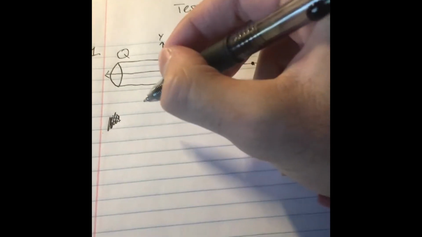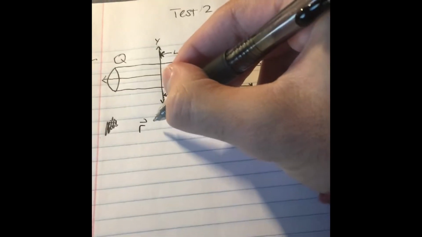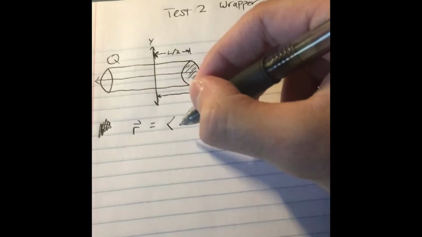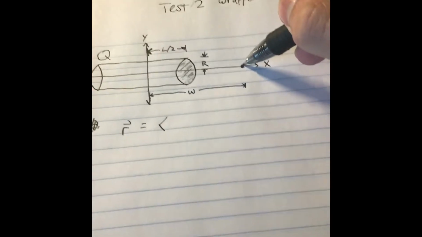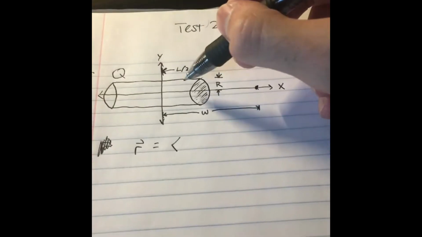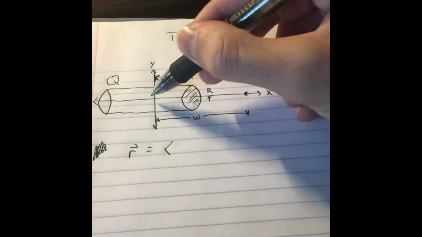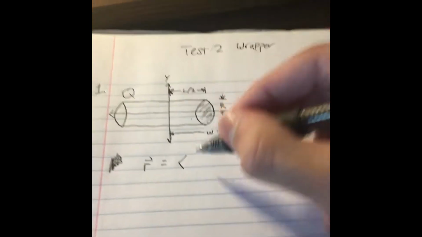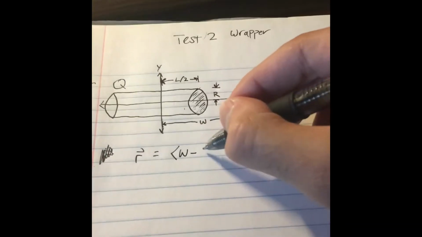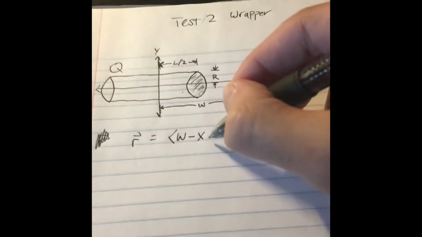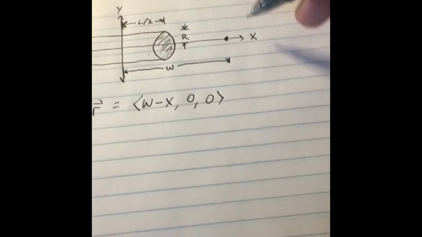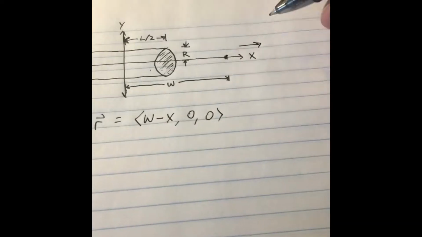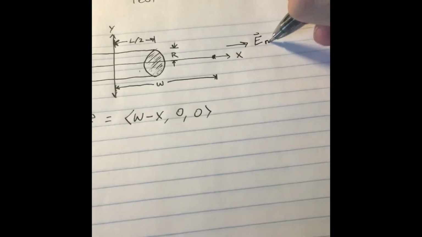We're going to call this position vector r vector, and we're going to set that equal to, for our x value, w minus the distance of that slice from the origin, and that will be x. So we have w minus x, and the rest of the components will be 0 because the net electric field points in this direction. That will be E net.